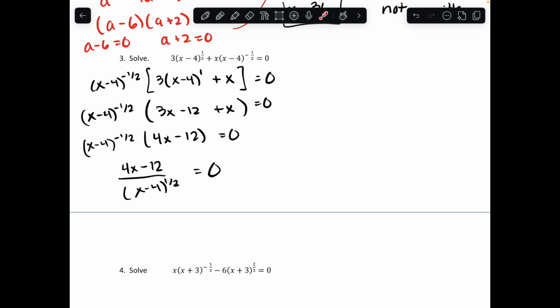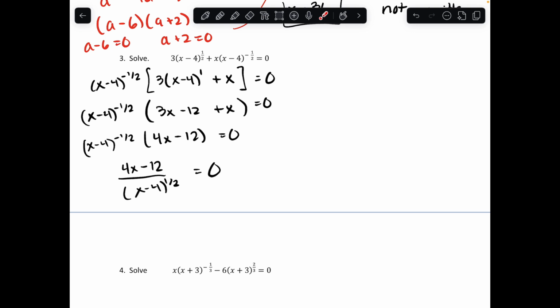Now we get to think to ourselves, I have a fraction equal to 0. When is a fraction ever equal to 0? Well, a fraction is only ever equal to 0 when its numerator is equal to 0. For example, 0 divided by 5 is 0. 0 divided by 10 is still 0. 0 divided by 100 is also still 0.